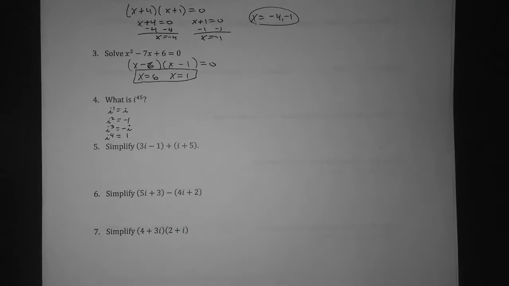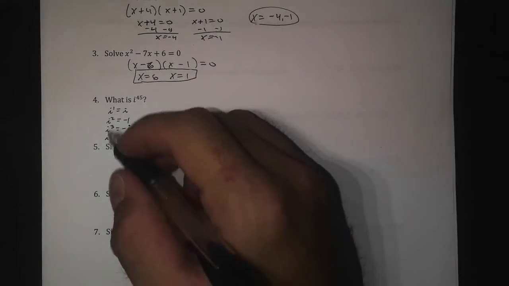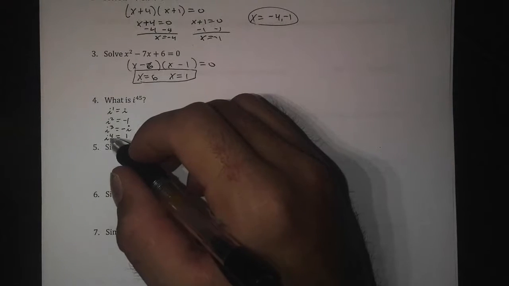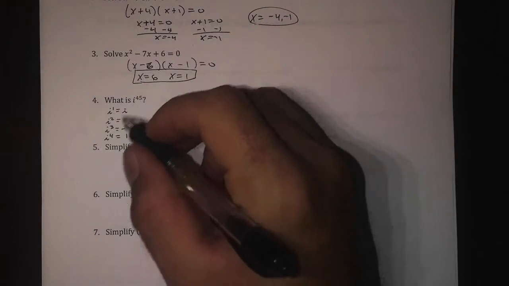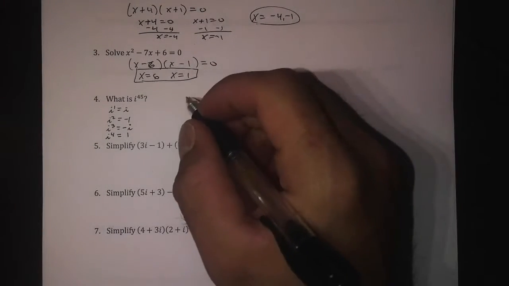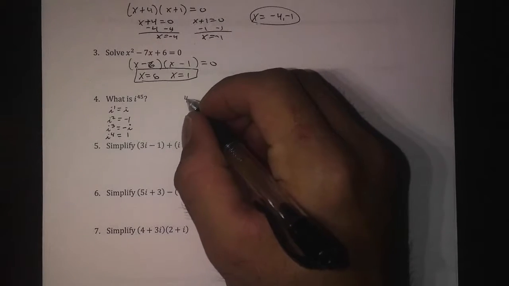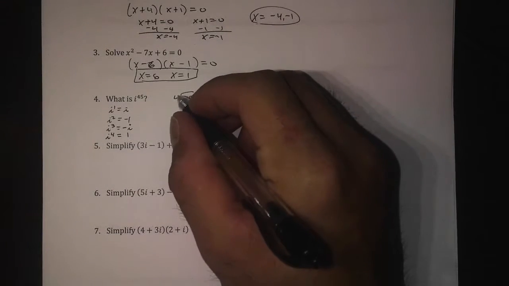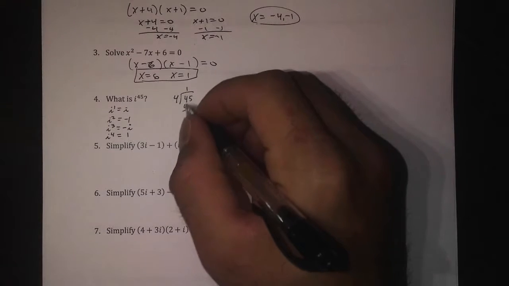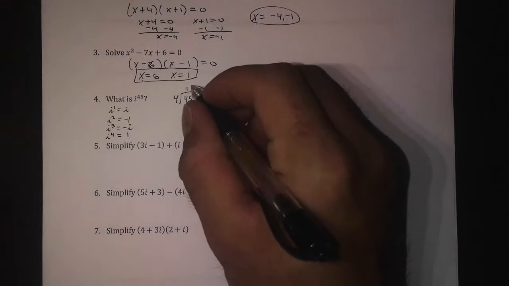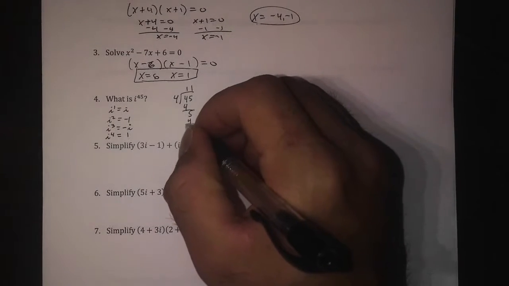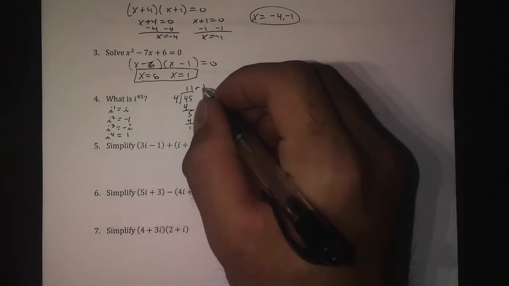Okay. So from here, there's 4 of these, so we want to find groups of 4, meaning divide 45 by 4. It'll cancel all those groups out. So 45 divided by 4 goes in 1 time, subtract, 0, bring down the 5. That goes in 1 time. We get a remainder of 1.